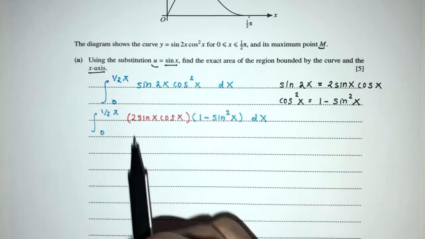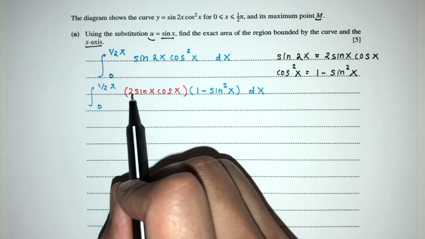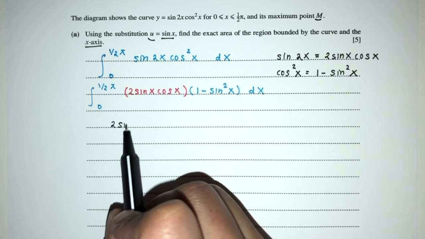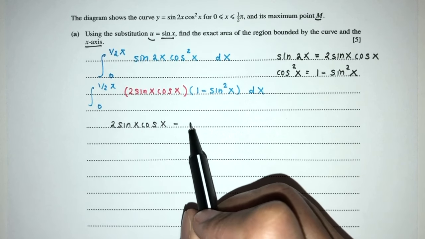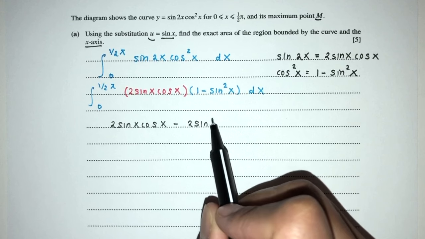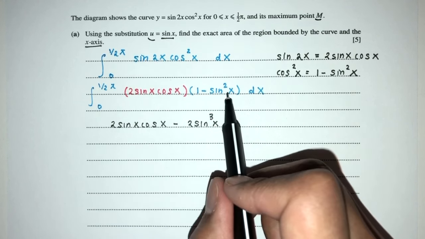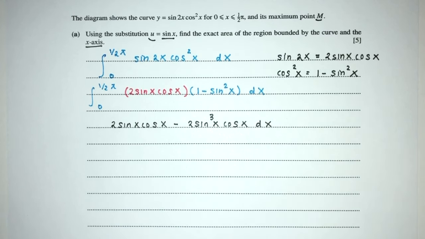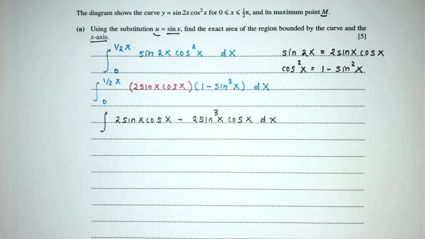Now let's try to expand this. Let me do this on the side. So 2 this times this: the first one will be 2 sine x cos x, minus 2 sine cubed x cos x, dx. Now let's see what else we can do, because we should try our best to simplify everything.